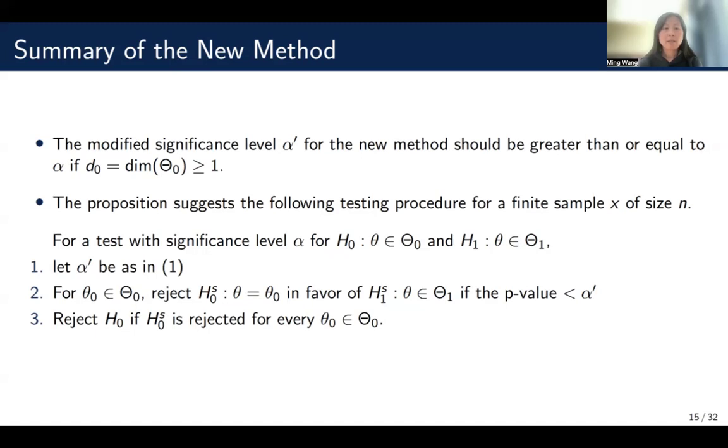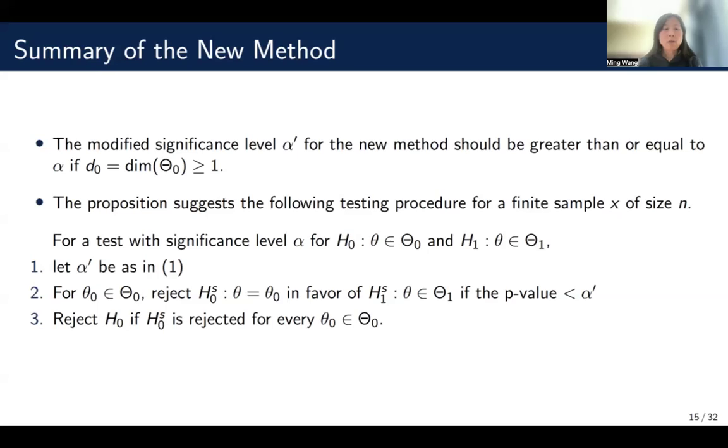For a test with significance level alpha, the original null hypothesis is little theta in big Theta 0, and H1 is little theta in big Theta 1. First step, we let alpha prime be as in equation 1 described in the proposition.